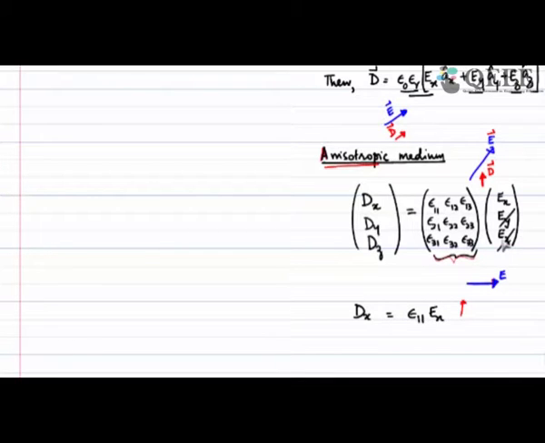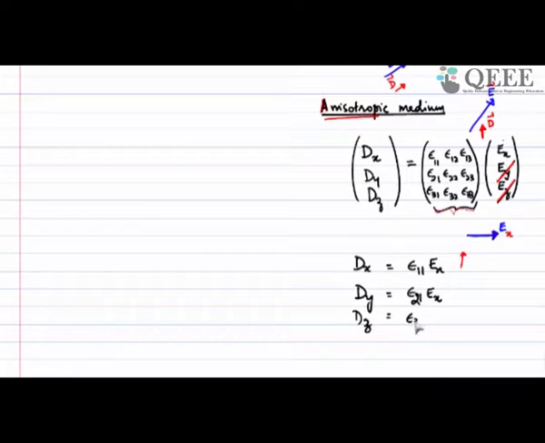My y and z components of E turn out to be 0 because I said E is only along the x direction. So Dx is epsilon 11 Ex, plus epsilon 12 Ey, which is 0, plus epsilon 13 Ez, which is 0. That is fine. But it does not mean that Dy and Dz are 0, because Dy is epsilon 21 Ex, with Ey and Ez being 0.